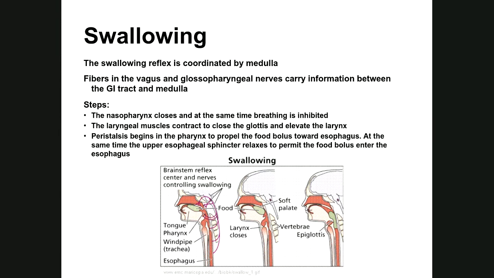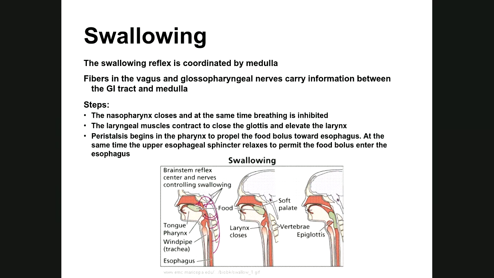Fibers in the vagus and glossopharyngeal nerves carry information between the gastrointestinal tract and the medulla. The nasopharynx closes at the same time. Breathing is inhibited during swallowing. The laryngeal muscles contract to close the glottis and elevate the larynx.